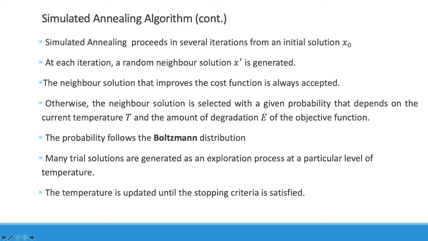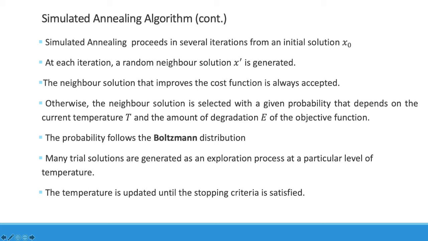The algorithm starts with an initial solution, and for each iteration, it generates a random neighbor solution. When this neighbor solution is better than the previous one, it is always accepted. If it's not, then given a probability, it can be accepted or rejected. While the temperature variable is high, the algorithm is allowed to accept solutions that are worse than our current solution more frequently.